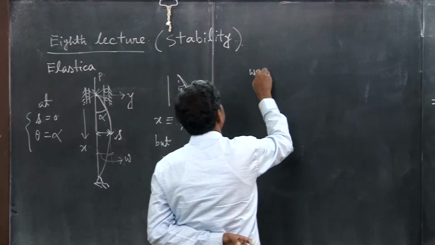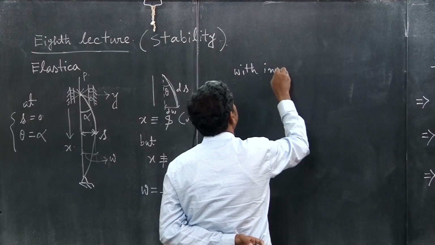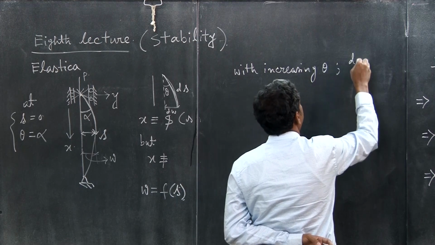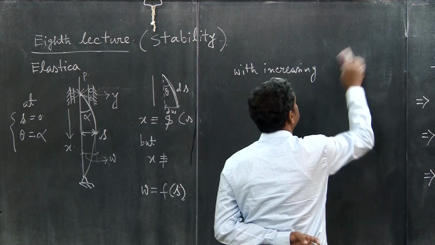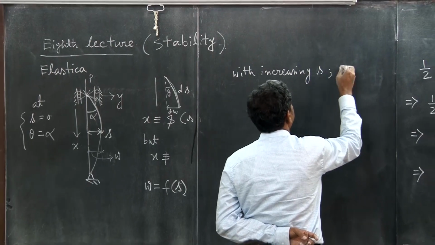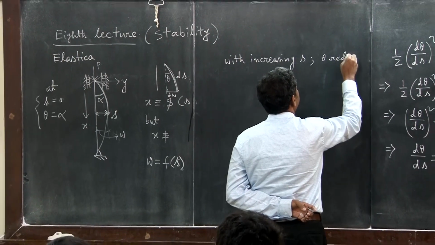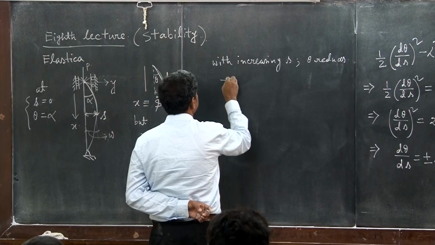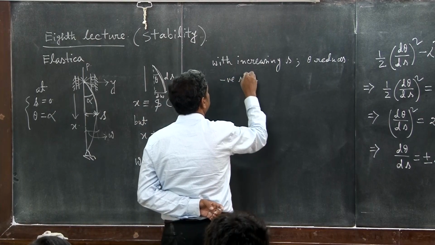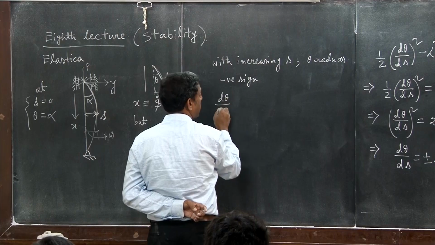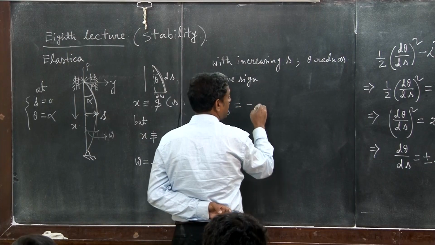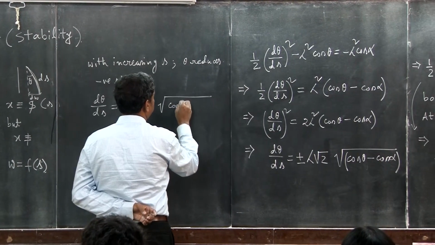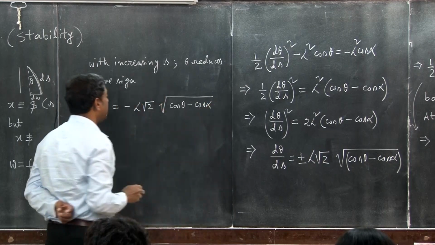So with increasing s, theta reduces, and so let us take the negative sign. The negative sign is valid. So d theta ds, I am going to write, is minus lambda root 2 root cosine of theta minus cosine of alpha, right?